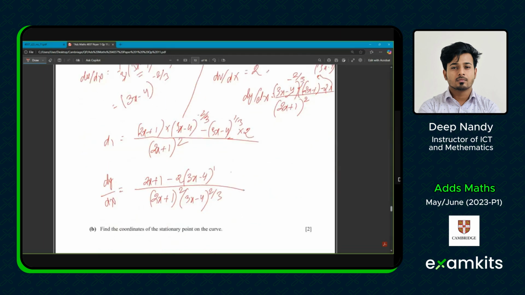So if we solve, 2x plus 1 whole square, 3x minus 4 to the power 2 by 3, 2x plus 1 minus 6x plus 8. So it's minus 4x plus 9 over 2x plus 1 whole square, 3x minus 4 to the power 2 by 3.